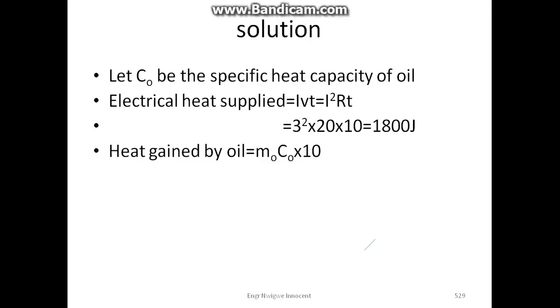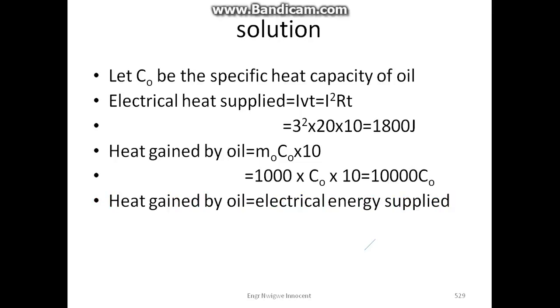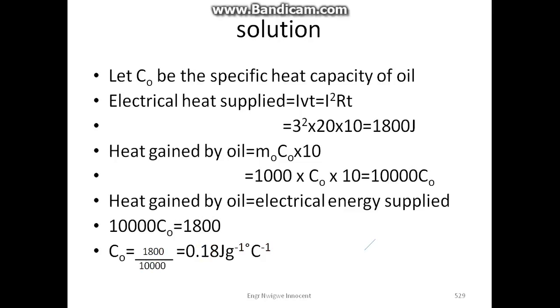Heat gained by oil is equal to mo Co times 10, which is equal to 1000 times Co times 10, which is equal to 10,000 Co. Heat gained by oil is equal to electrical energy supplied. 10,000 Co is equal to 1,800. Co is equal to 1,800 over 10,000, which is equal to 0.18 joule per gram per Celsius.